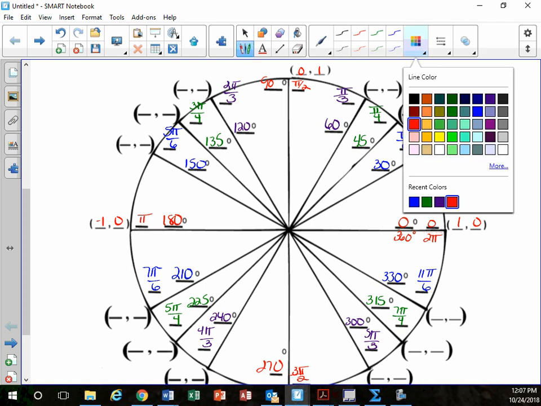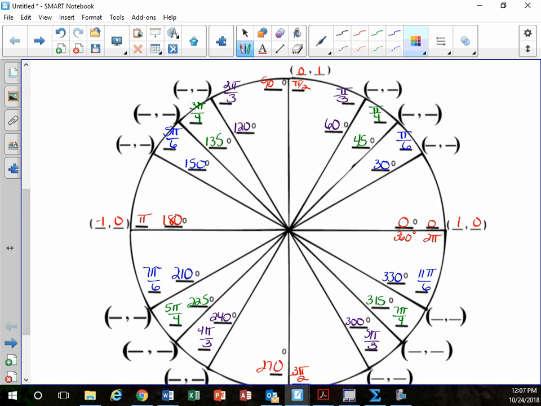All right, so let's think about where these other ones come from. This right here is my 30-degree angle, okay? Which makes the x part of this, to get to this point, the x is the long leg and the y is the short leg of a 30, 60, 90 triangle, right?